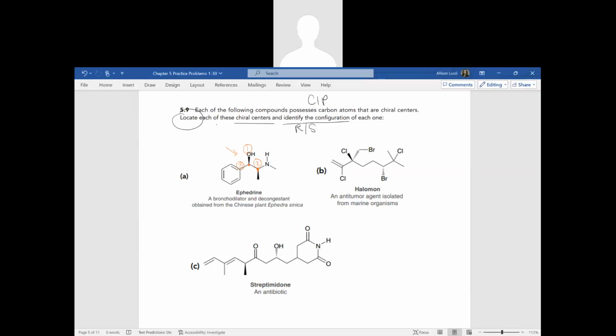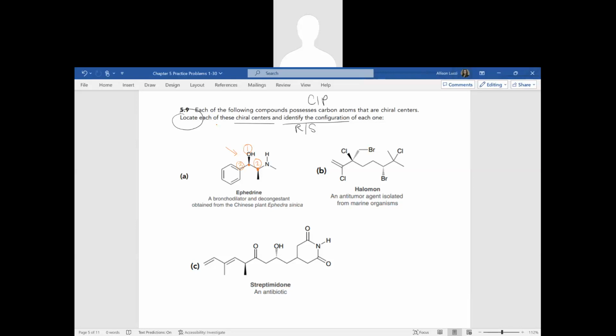All carbons versus a nitrogen, a carbon, and a hydrogen. So by atomic weight, we know oxygen is the heaviest, so that's why that prioritizes number 1. And then when we have to choose between our two carbons, the nitrogen is heavier than the carbon.